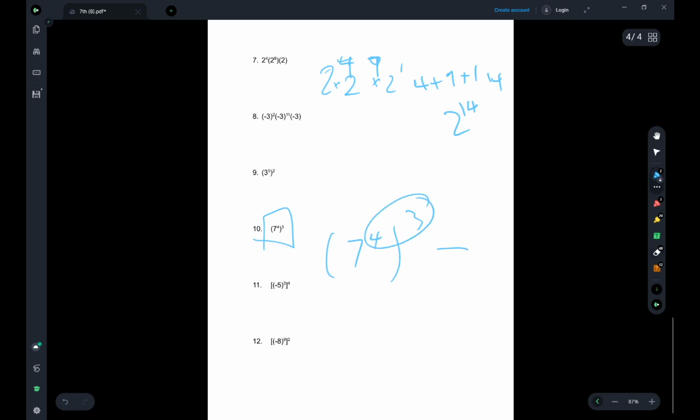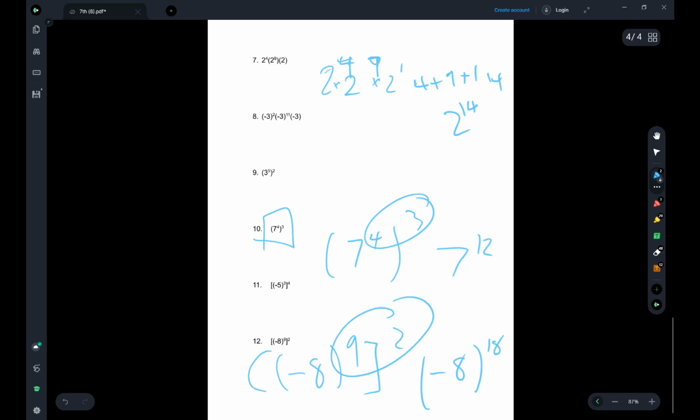So you would get 7 to the 12th, because 4 times 3 is 12. Let's try number 12. So you get negative 8 to the 9th to the 2nd. Multiply these two, you get negative 8 to the 18th. And that's your answer. And thank you for watching.